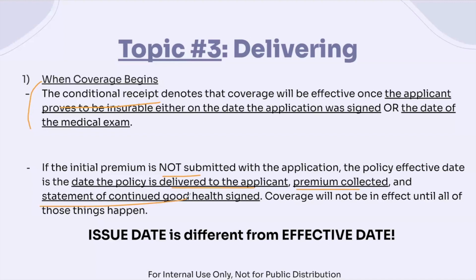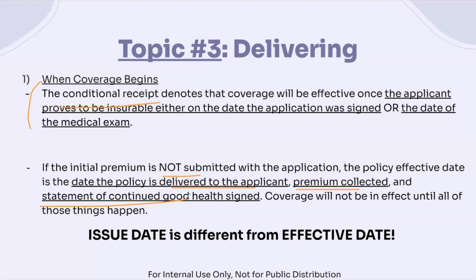So what is the statement? Well, this is where the applicant agrees that nothing has happened between the time that I completed the application to when this policy was delivered, right? There were no major health changes. So that's the statement of continued good health.